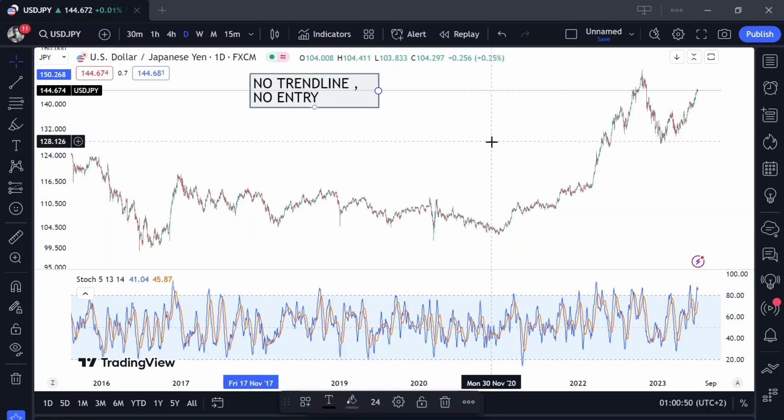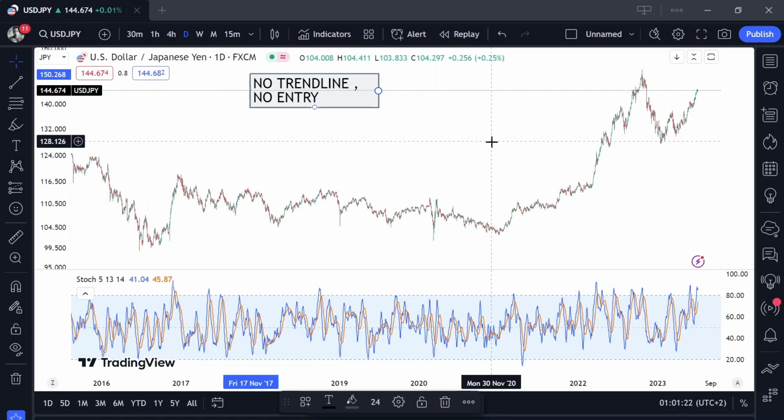What we are simply trying to say is that when the stochastic is at level 80, meaning that you are looking for sales, and there is no trend line on any time frame, starting from daily, H4, H1, M30, M15, then no trend line, no entry.